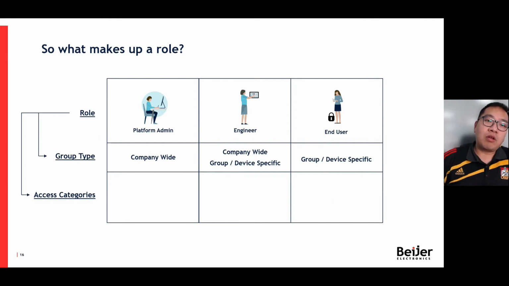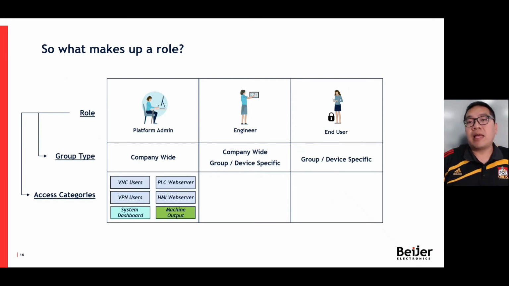Next, we'll talk about access categories. Like I previously mentioned, access categories determine the actions that you can do within the portal. So things like whether you can access the VNC service, VPN services, dashboards, and things like that. It's determined by how you set up the access category, depending on the role itself.